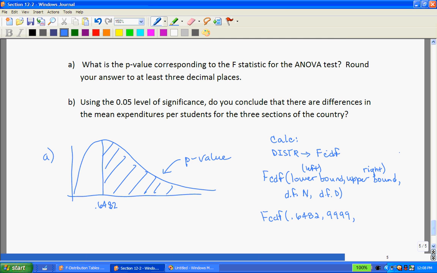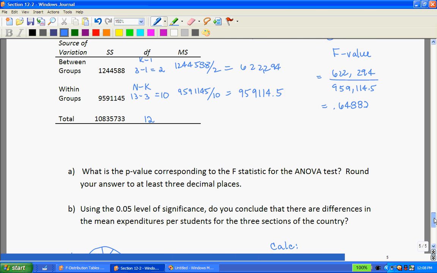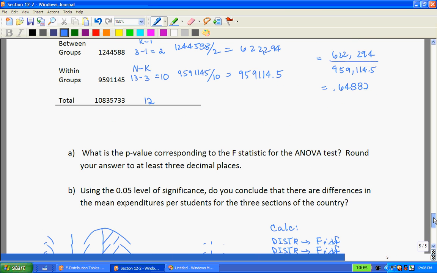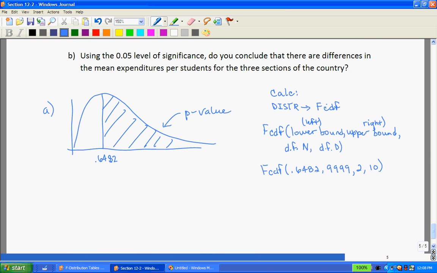Our degrees of freedom numerator, we filled in our table and said that was 2. And our degrees of freedom denominator, we said, was 10. And you should get something pretty close to 0.543326.